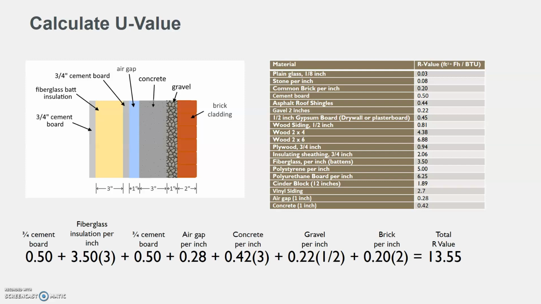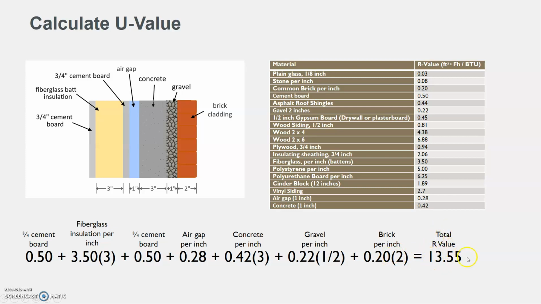All right, so what you're going to do is you first have to figure out the R value by just adding them all up. Again, we're multiplying things because there's 3 times as much fiberglass, concrete 3 inches, and then we have half as much gravel, and the brick is twice as thick.